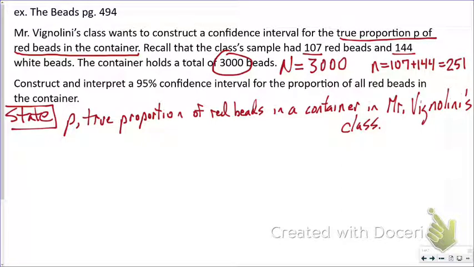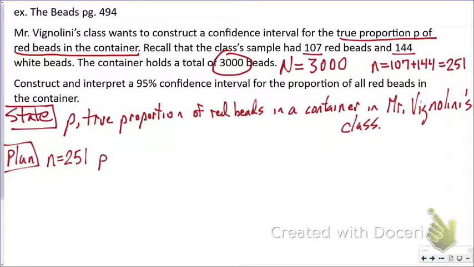In the plan step, I talk about a random sample and the large counts. So I'm skimming through there. I don't see anything about randomness. I do see my sample size is 251, which was 107 plus 144.